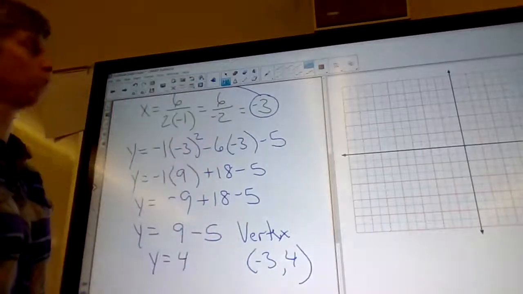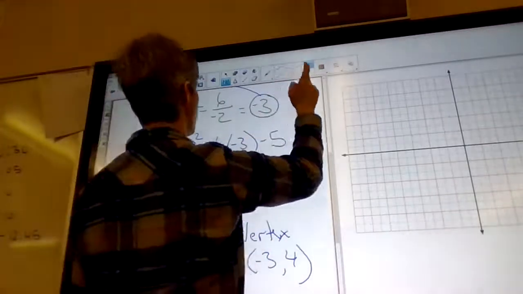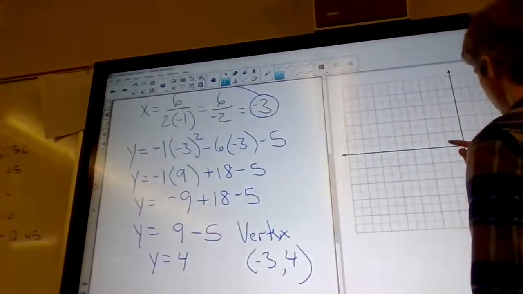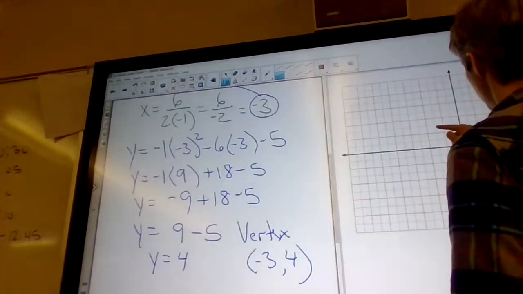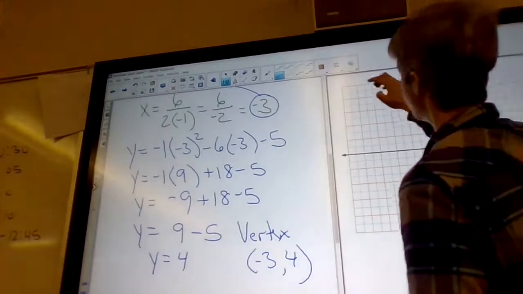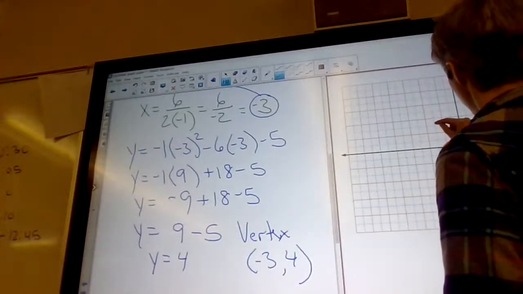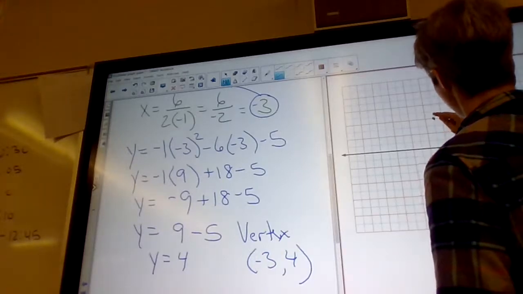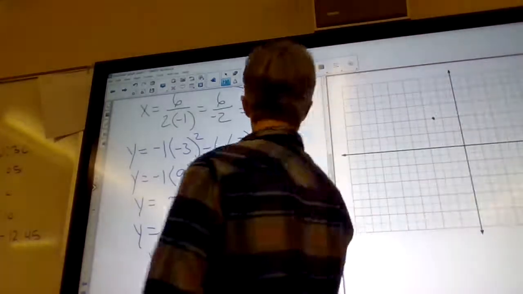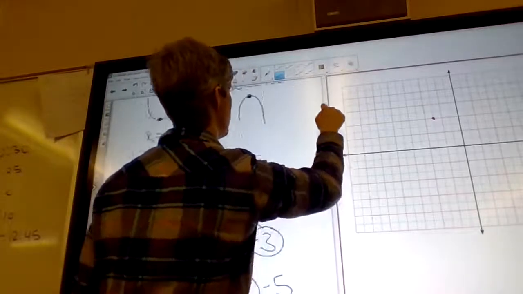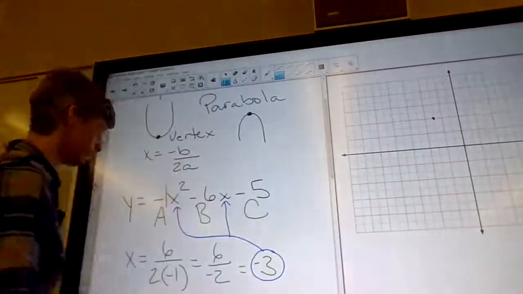That's the first point I'm making on my graph over here. I'm going to make that in purple. So I'm going over to negative 3, and up 4. That's going to be the vertex. Let's go back up here for a second.